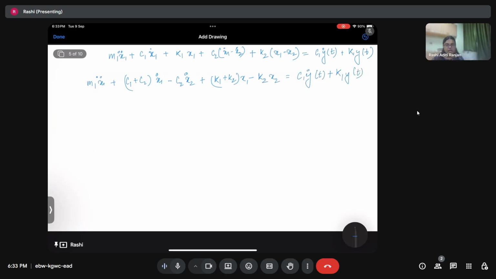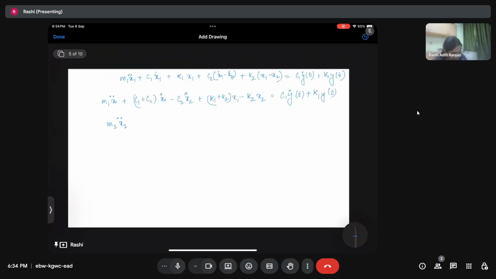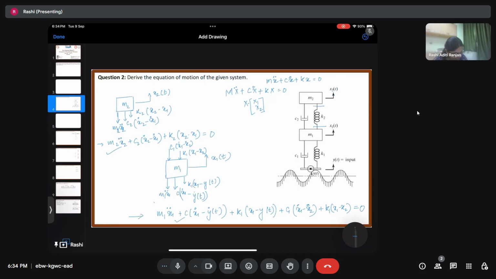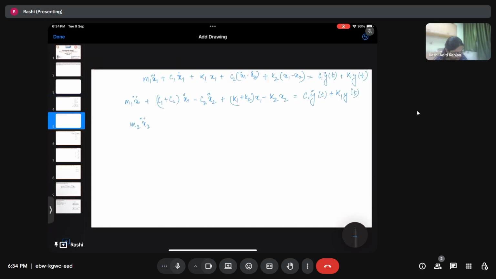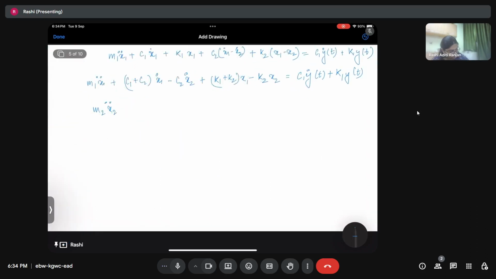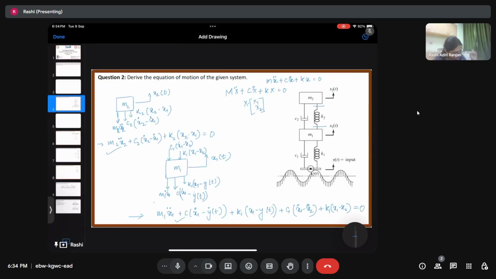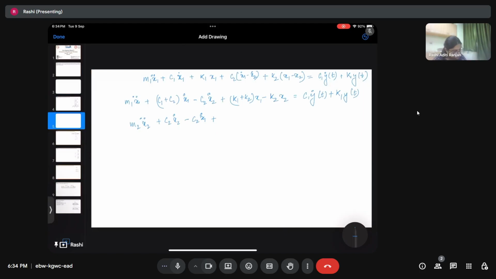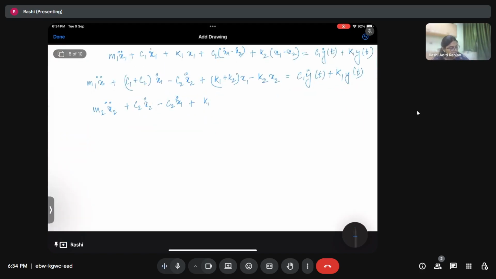And then the other equation was m2 x2 double dot plus c2 x2 dot minus c2 x1 dot plus k2 x2 minus k2 x1 is equal to 0.